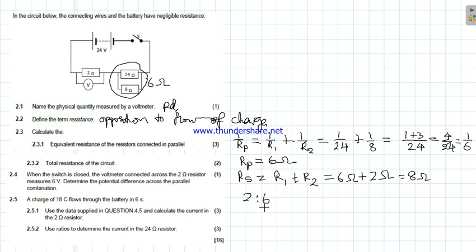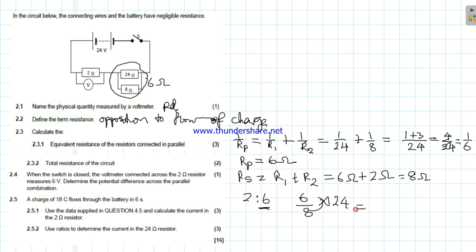Right, so to find the potential difference here, we are just going to do 6 over, you add the 2, you get 8, and you now multiply by the potential difference of the source or the battery, which is 24.